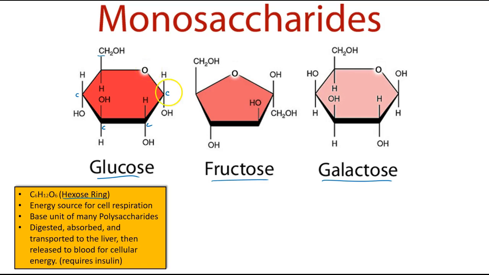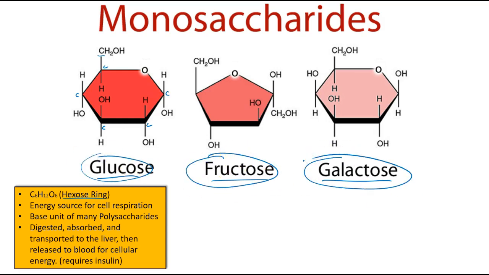And so there are 6 carbons, and that's how we get our chemical formula of C6H12O6. Notice that all three, glucose, fructose, and galactose, have the exact same C6H12O6 chemical formula. They all have 6 carbons, 12 hydrogens, and 6 oxygens.